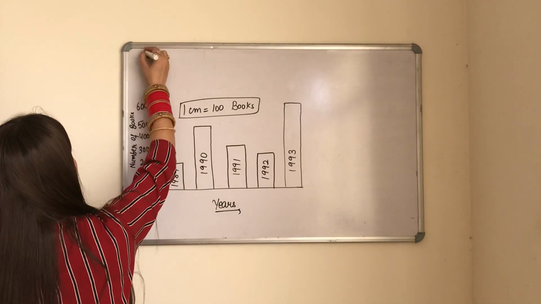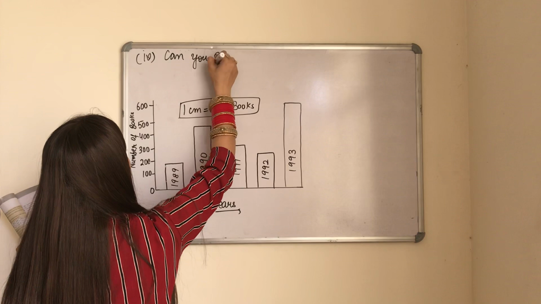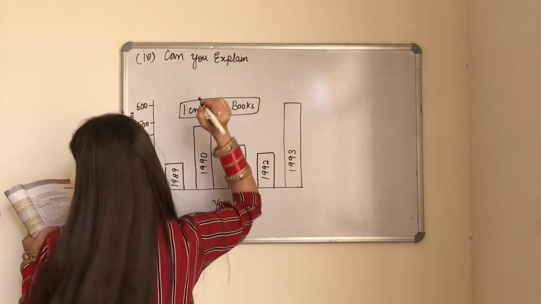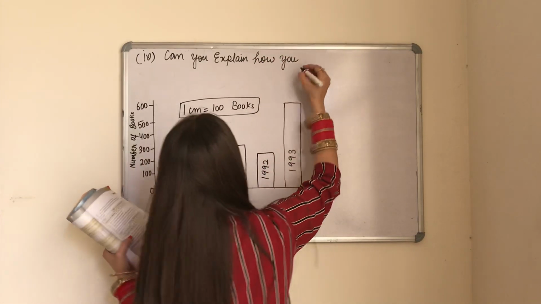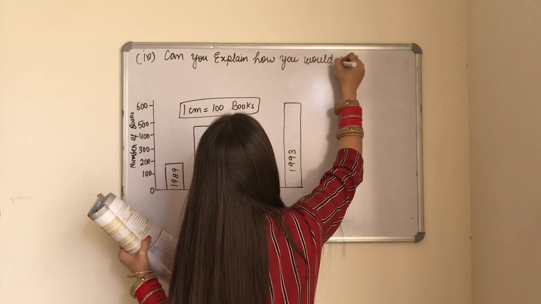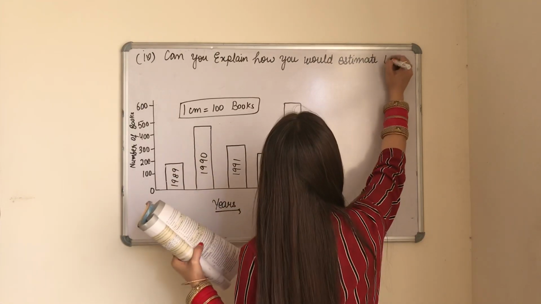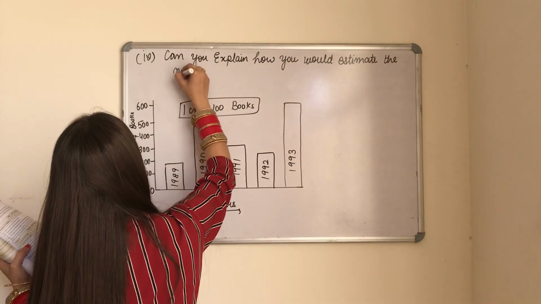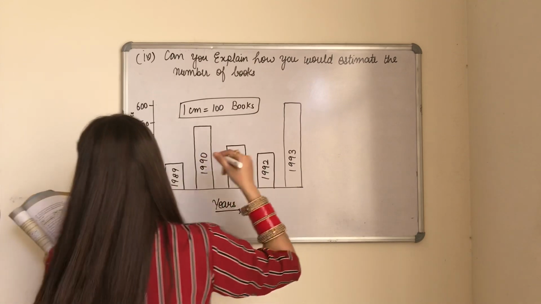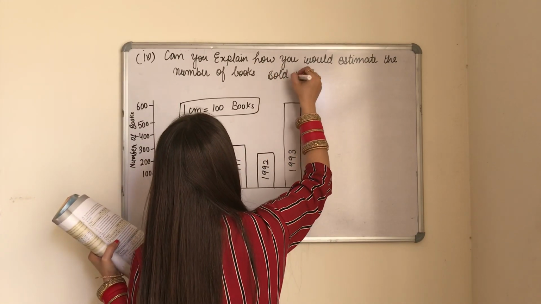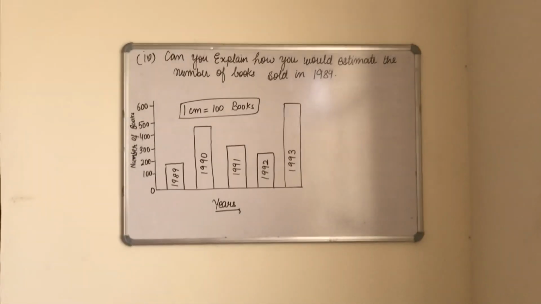Its fourth part is: can you explain how you would estimate the number of books sold in 1989?